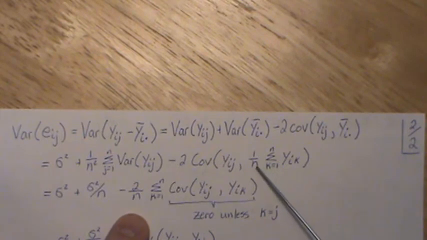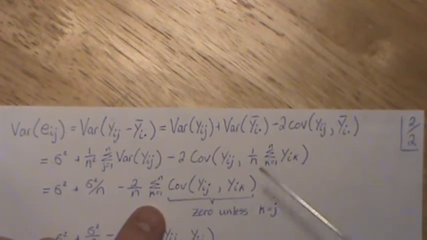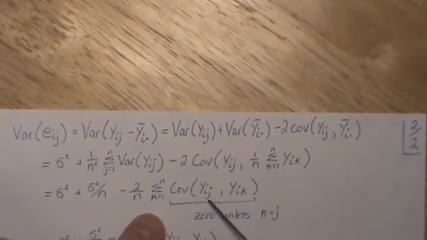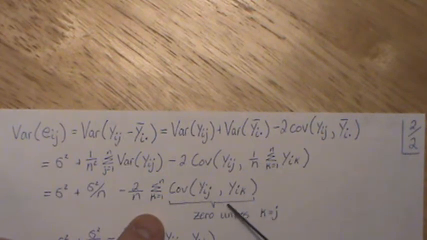Now here, the n will come out, the sum comes out front, and we're left with this. But notice that the i's are the same, so we're in the same treatment group, but unless j and k are equal, we're talking about different individuals or different observations, and they're independent. So it's 0.